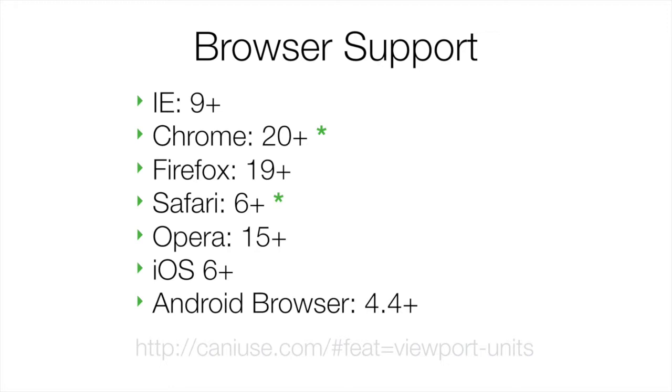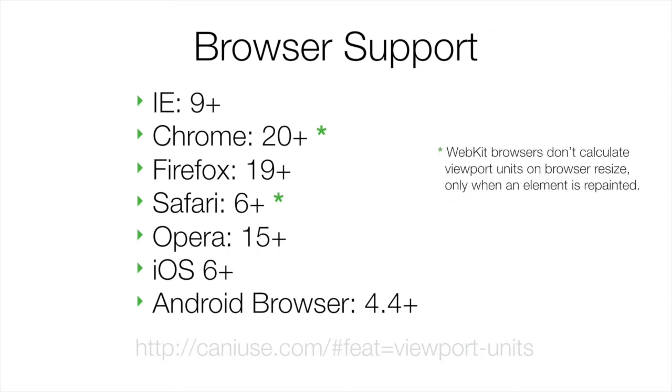The only real messy issue is with WebKit browsers. WebKit browsers only calculate the VW size on page load or when an element is repainted. So it doesn't recalculate the size on page resize, which is why I was using Firefox in that last example. You can get around this by using some JavaScript and causing a repaint to occur on elements that have fluid type size like this, and then target that just to WebKit browsers so that it's not running on every single browser.